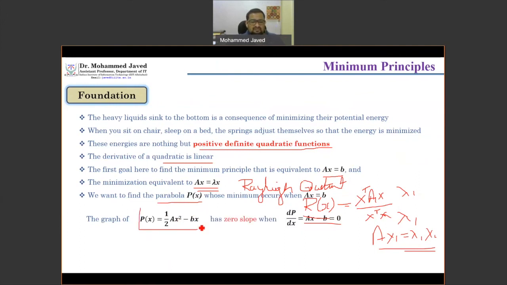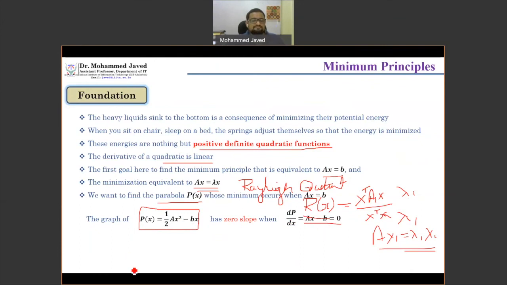Since this is a graph of one variable, to find the minimum value I would differentiate, with no partial differentiation here. So dp by dx: the derivative of x square is 2x, the 2 gets cancelled, remaining is Ax minus b equal to 0.